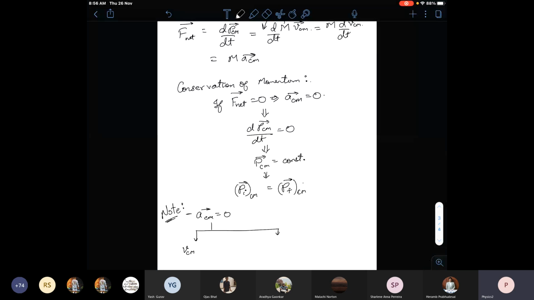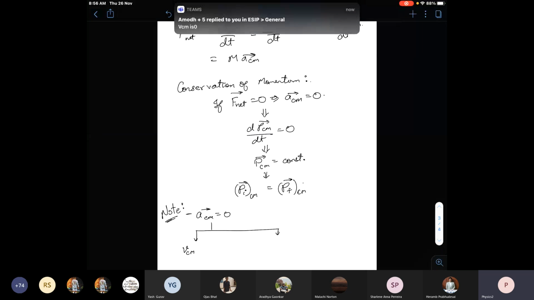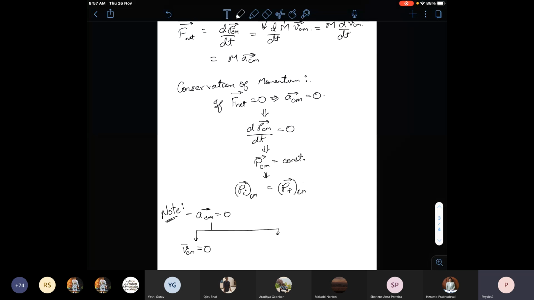If acceleration of center of mass is 0, there are two possibilities for the velocity of center of mass. What is the conclusion? One result is very good, that VCM is 0. No doubt in that.